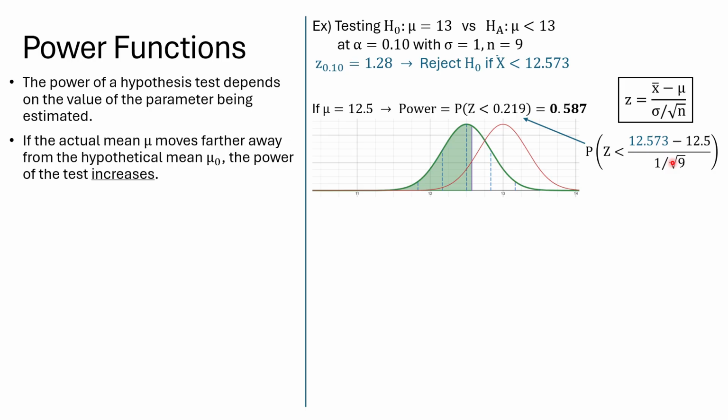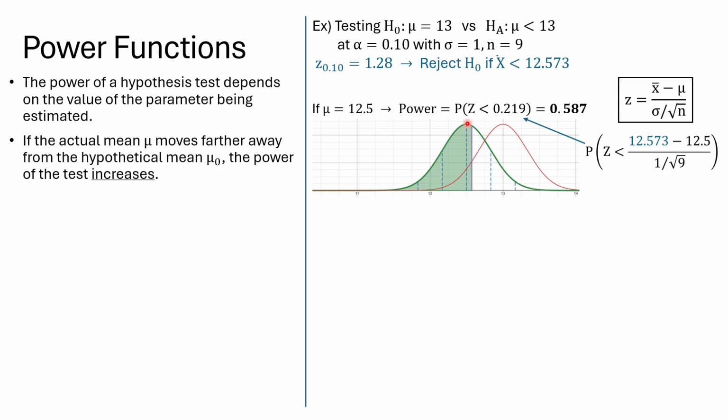So let's find out how to handle this. We have this wonderful region here in green. It looks like these are all of the sample means that we would get if the true population mean were 12.5. So all we need to do is find this area, and that will give us the power of our test.